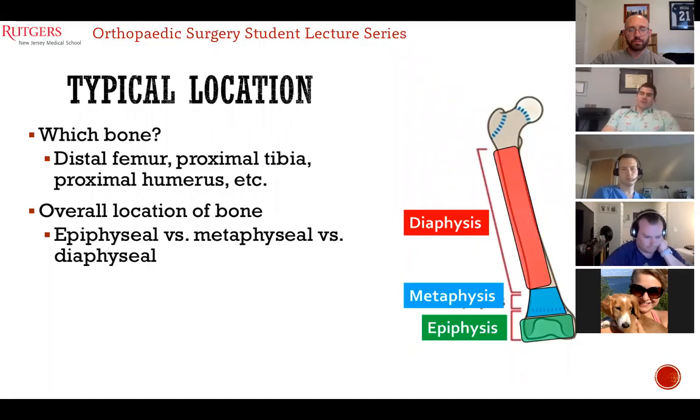So we talk about, in terms of commonality, different lesions occur in different portions of the bone at different rates, right? But some of the general tenets of this are that areas of higher metabolic turnover are frequently found with a more commonly occurring bone tumor. So, if you think about it this way, one of the most common places for bone tumors is the distal femur or at the knee, either distal femur or proximal tibia.